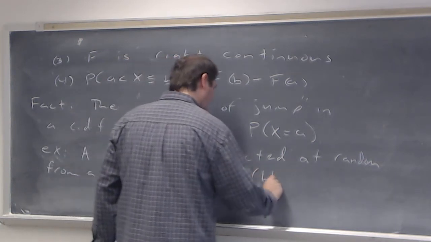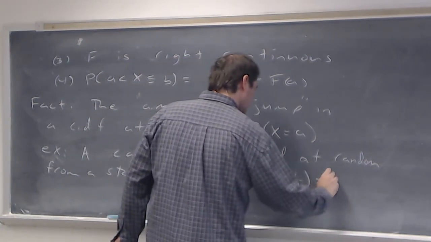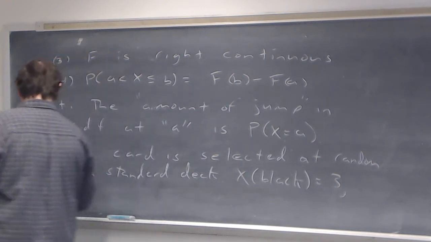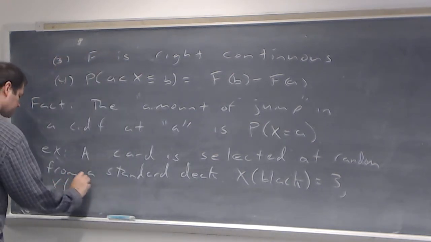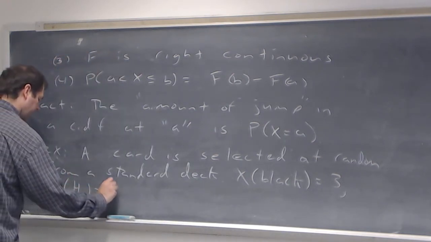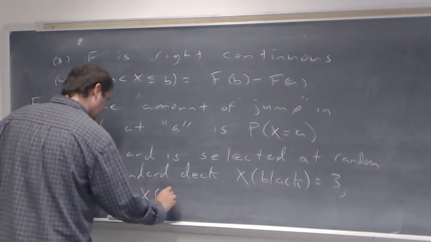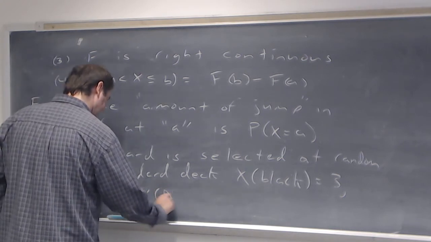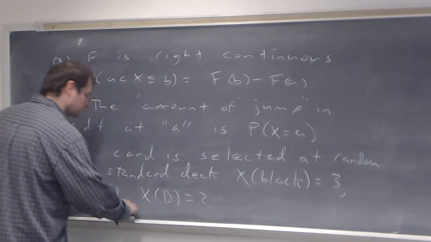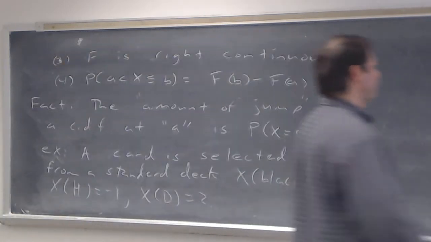Define X of a black card is equal to 3. X of a heart is equal to -1. And X of a diamond is equal to 2. Now let's draw the CDF up.